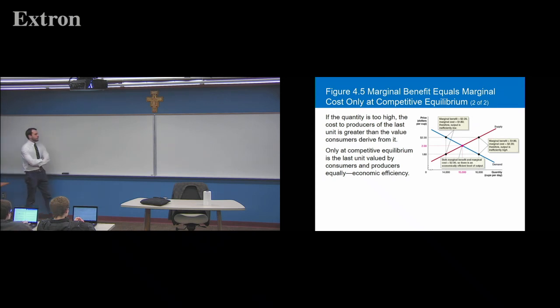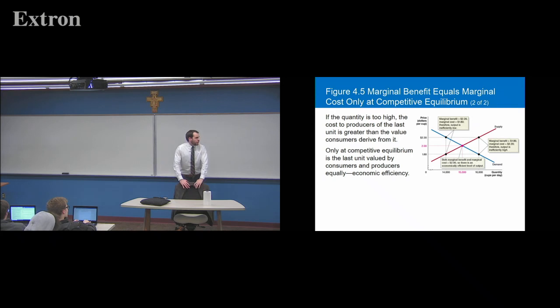If the quantity produced is too high, then the cost to producers of that last unit is greater than the value that consumers derive from it. So if you're all the way over here at 16,000 units, marginal cost is $2.20 up here. The marginal benefit is only $1.80. So consumers aren't going to be willing to pay $2 for something they only get $1.80 of benefit from.